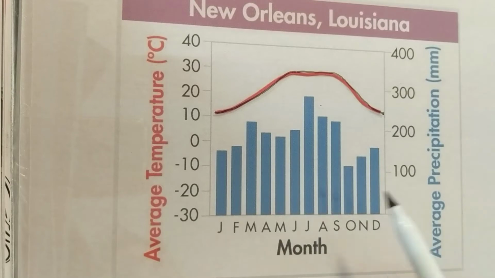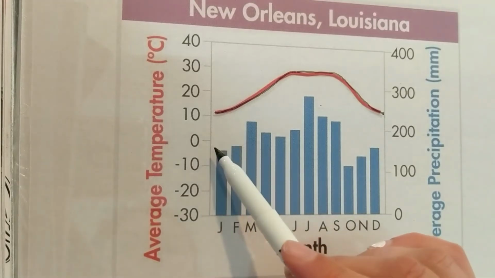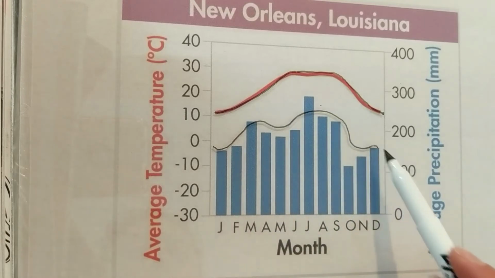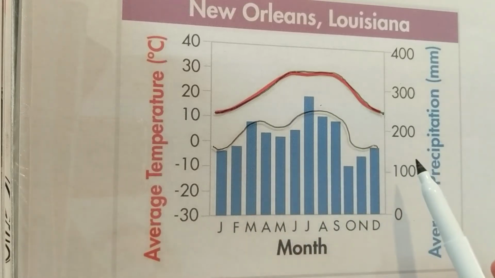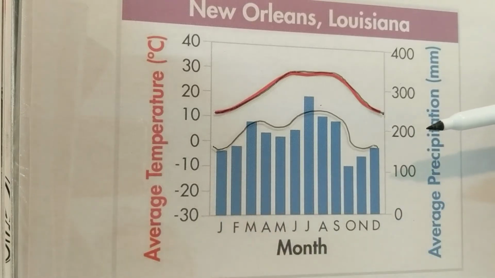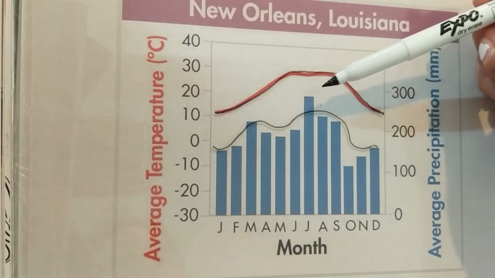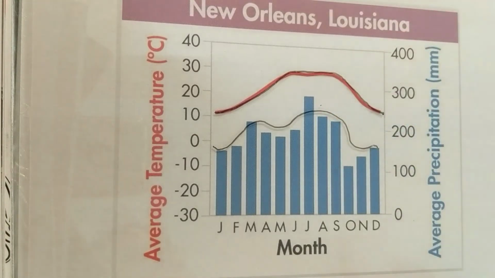If we look at the average precipitation, as if drawing a line graph to show the relationship over time, the amount of precipitation does fluctuate. We hit low points in the fall, and there's a good amount of precipitation again in the summer months.